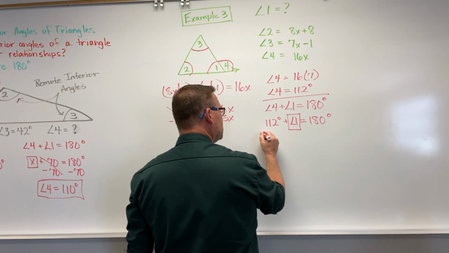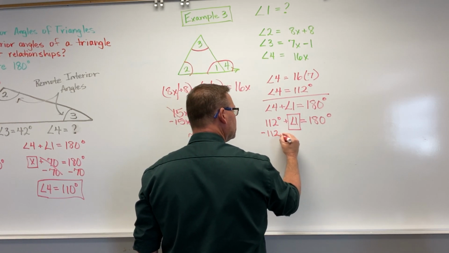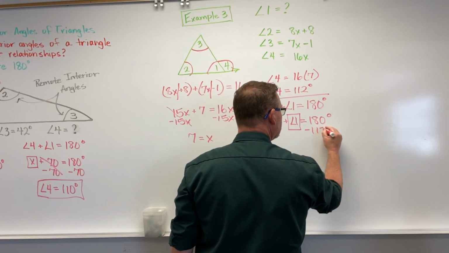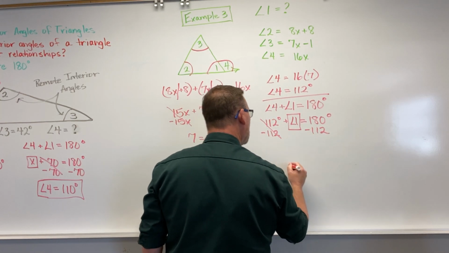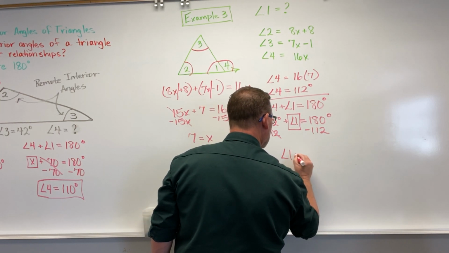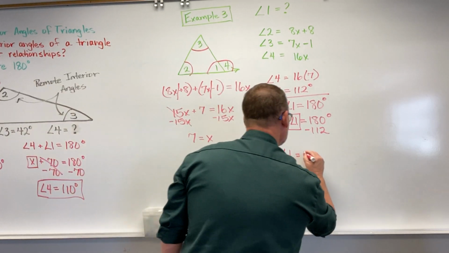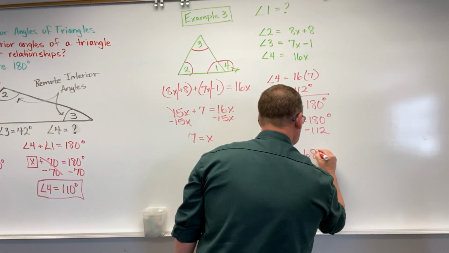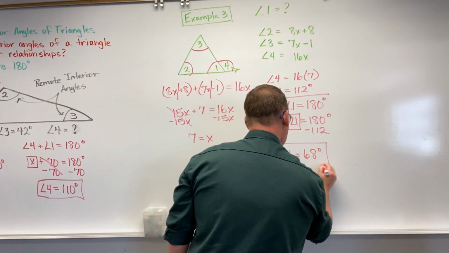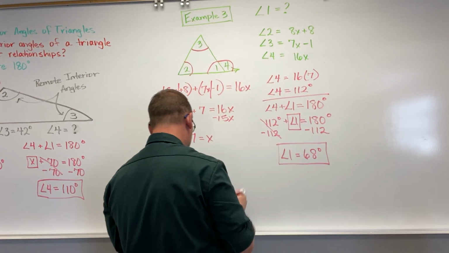So I'm going to isolate that. I'm going to subtract 112. That means I'm going to subtract 112 here also. This is gone. We find out that angle 1 equals 68 degrees. And that's our answer. That's what they were looking for there.